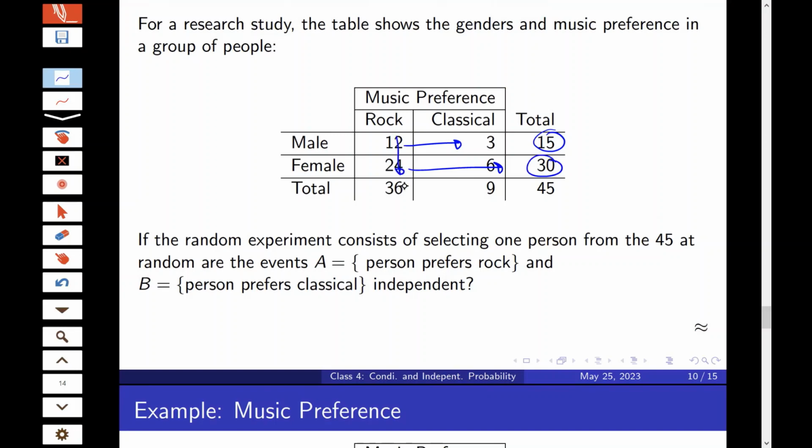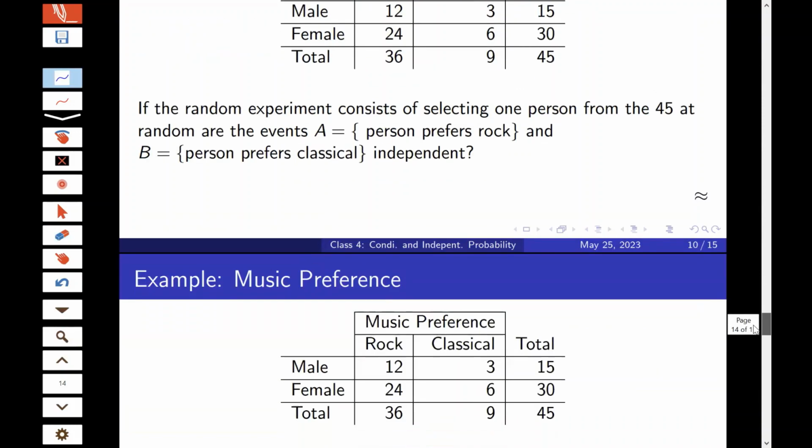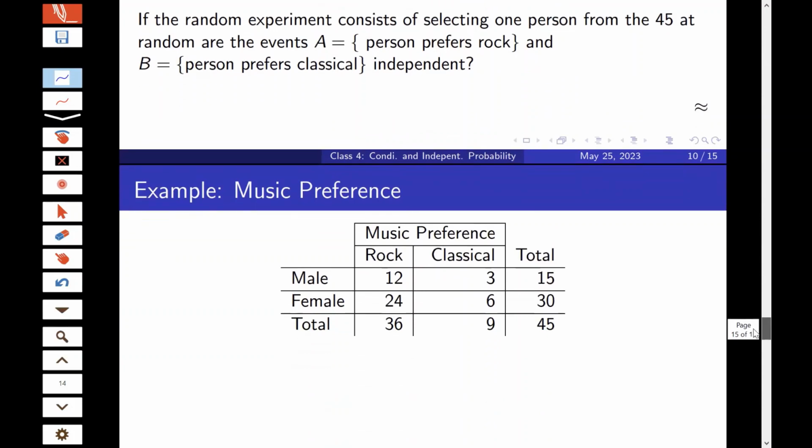If you get the column totals, you will get the total number of persons who prefer rock music and who prefer classical music. That's how you can interpret the table first.